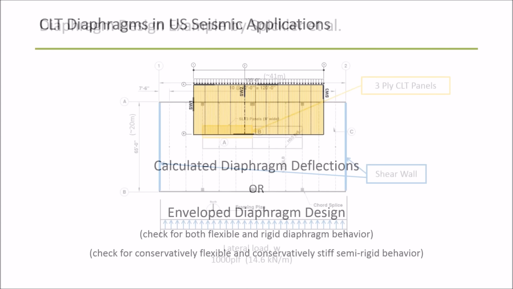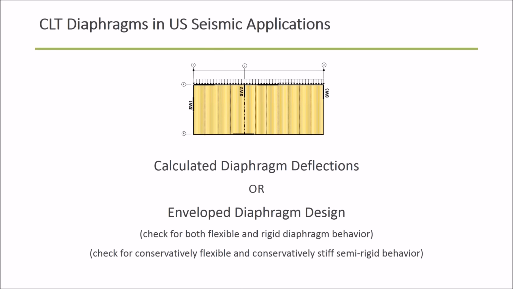One of the questions that often comes up when designers start looking at CLT diaphragms is, is it a rigid diaphragm or is it a flexible diaphragm? For a lot of the projects and buildings that we design, we look at our concrete floor system as rigid. Our wood structural panel floor system is flexible.